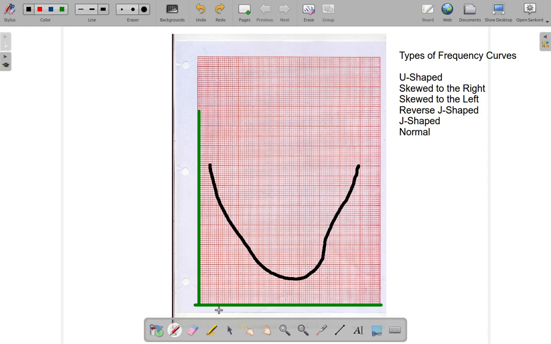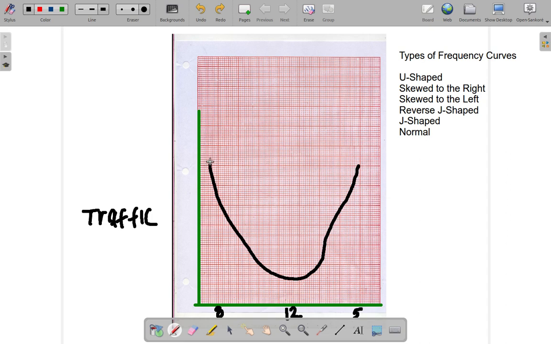For example, suppose this is 8 a.m. This is 12 noon. This is 5 p.m. This could be the traffic, how heavy the traffic is throughout the day.